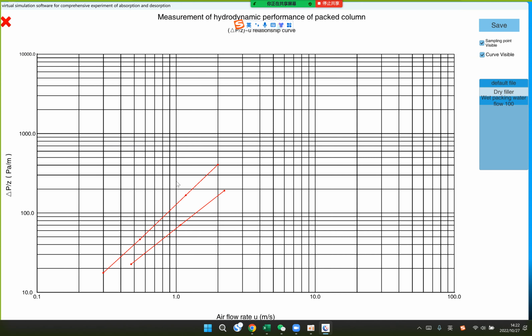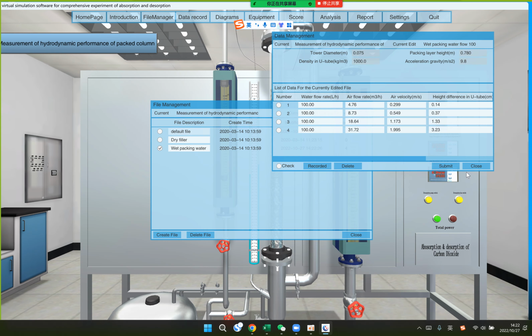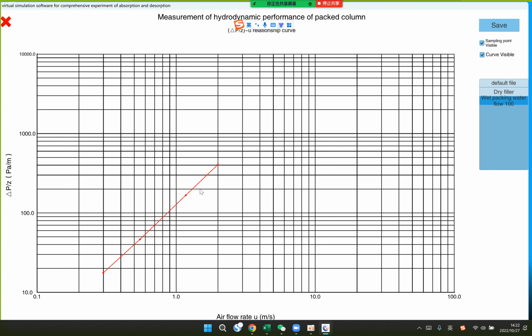At this stage you may find there is only data recording. Why is it still linear? Maybe I have to increase the gas flow rate even bigger to make sure.